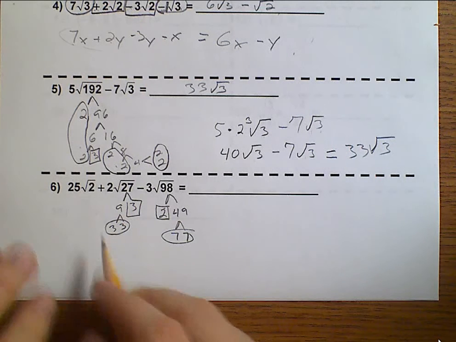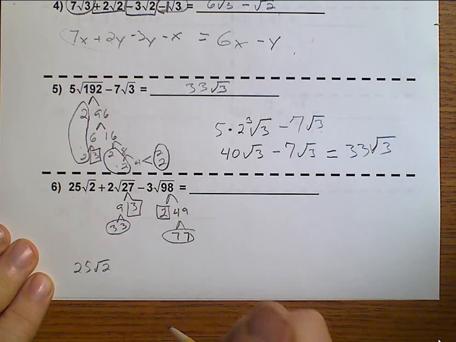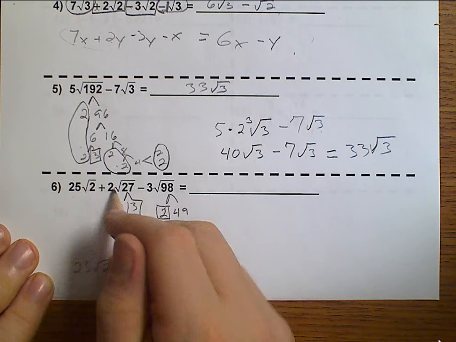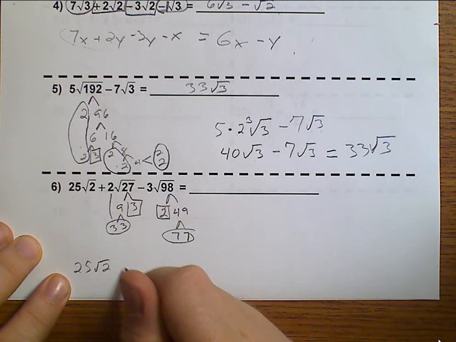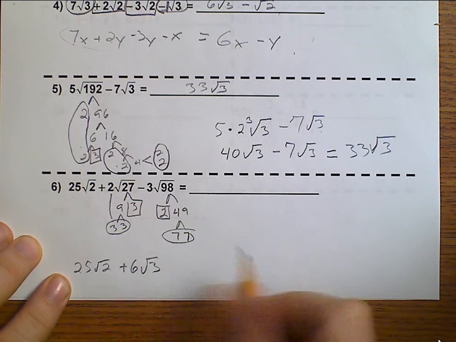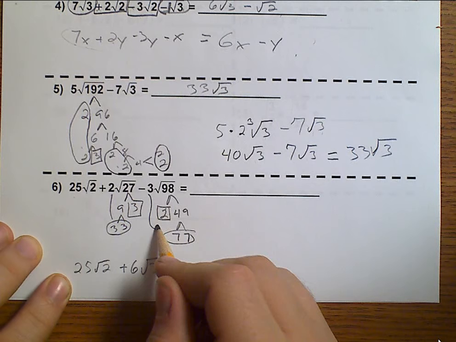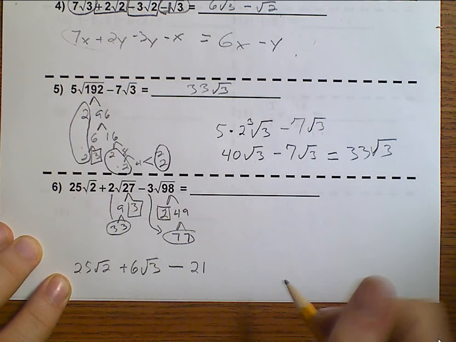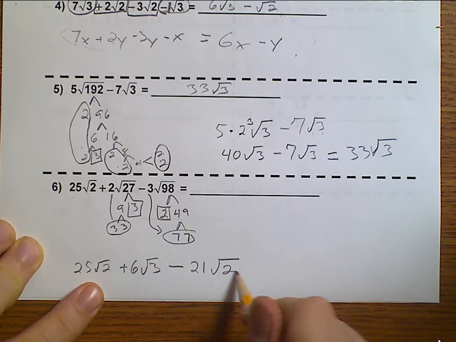This is 25 square root of 2, because nothing changes. 3 times 2 makes 6 square root of 3. And 3 times 7 makes 21 on the square root of 2.